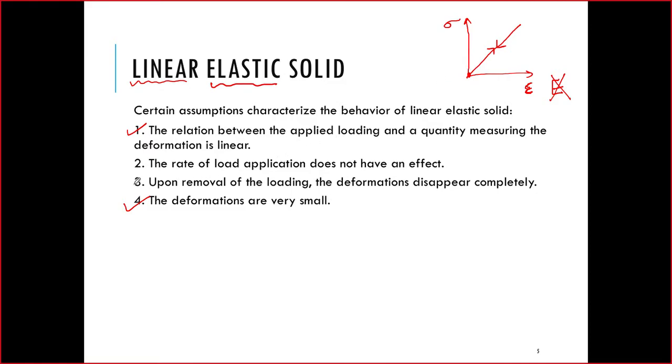And then finally, another aspect of linear elastic materials is that it does not matter what loading rate, either epsilon dot or the rate of deformation tensor, remember D, which is the symmetric part of del V. It does not matter what rate we are applying the loading at, we get the same stress strain curve, or the same response basically. Okay, so these are some of the characteristics of linear elastic solids.